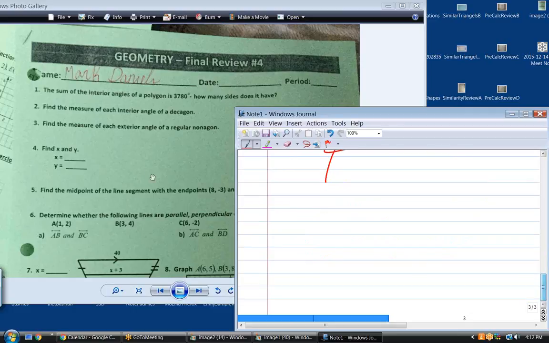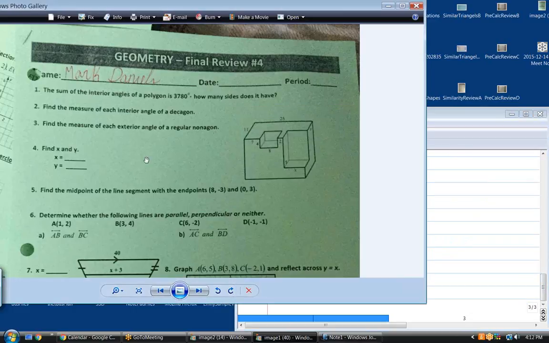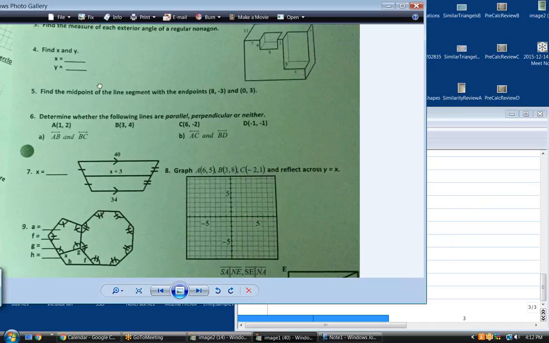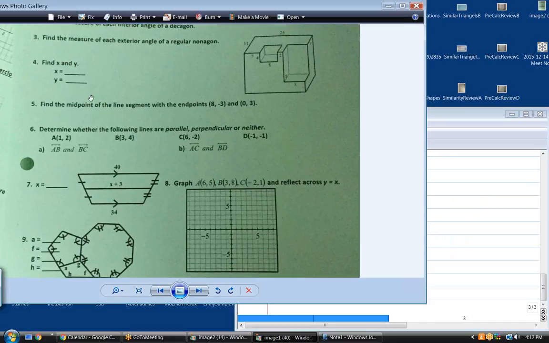Awesome. Now, number 4 looks a little new. It's the first time I've seen a problem like this. Find x and y, without me spending the time to redraw this figure. All right.